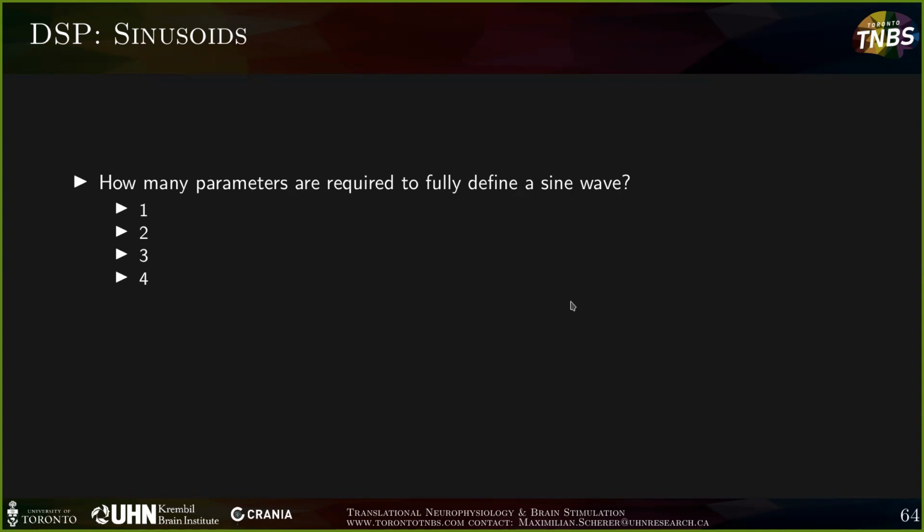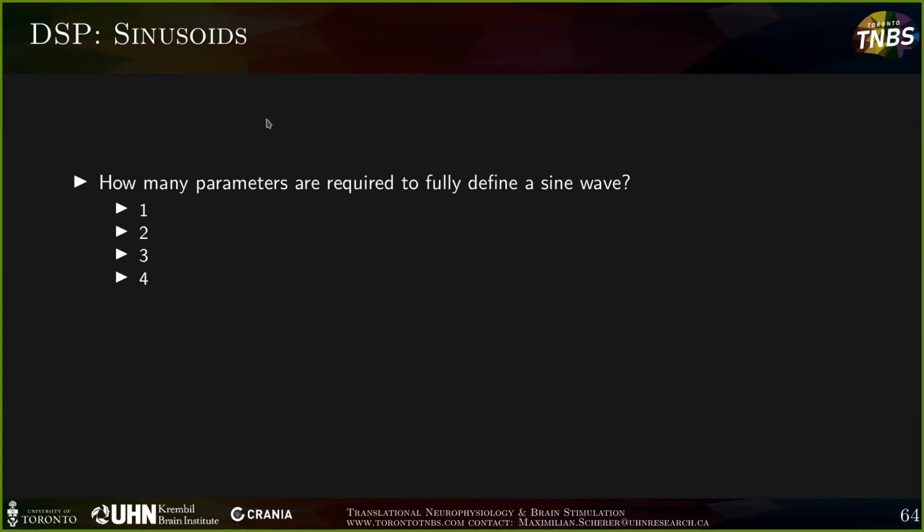Anyway, the question was, as you can read, how many parameters are really required to fully define a sine wave, and it's kind of interesting. The older people get, the more difficult it is for them to answer the question. Although that's like 7th or 8th grade school geometry knowledge, it's just too distant over time from us, and we walk away from that over the course of our lives.